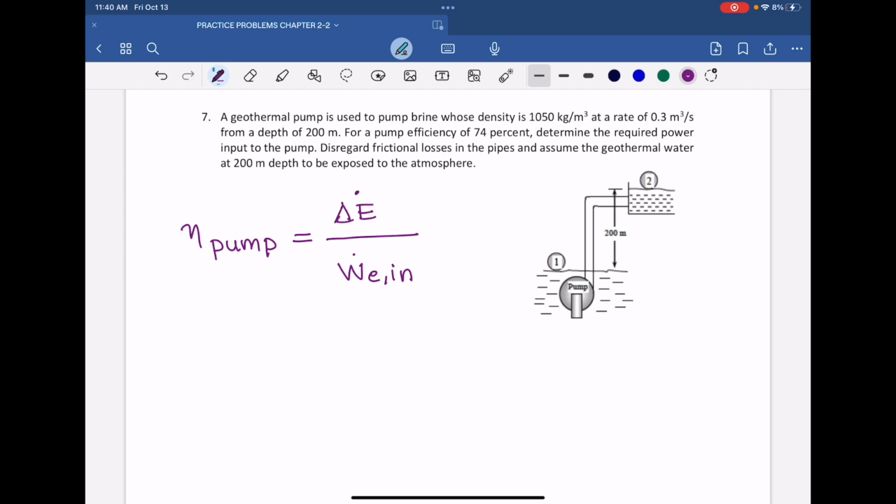It is going to change its mechanical energy, or the rate of mechanical energy if we use it in terms of change with time.